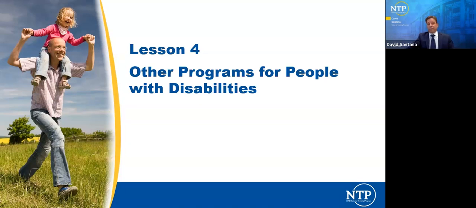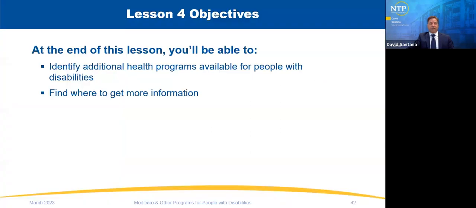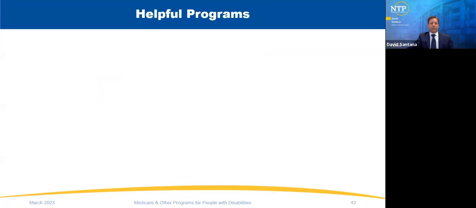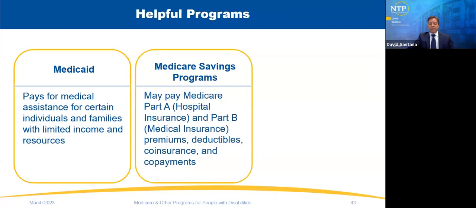We do have another presentation coming up through this series of workshops that talks specifically about coordination of benefits, for those of you who may want more information. Now, I mentioned in the beginning that there are other programs for people with disabilities, specifically for those who have limited income and resources. Those programs include the Medicaid program.